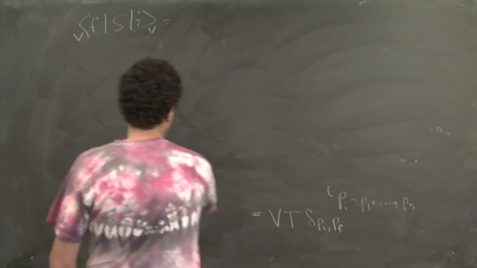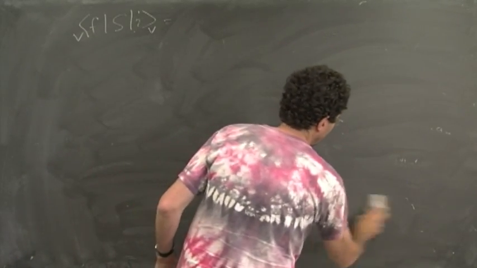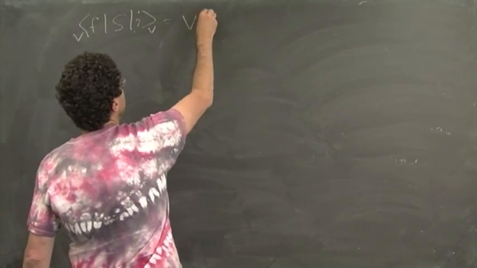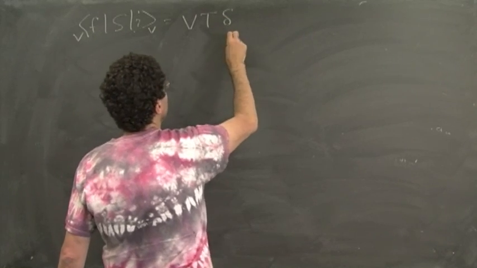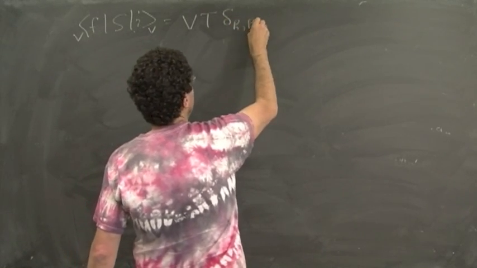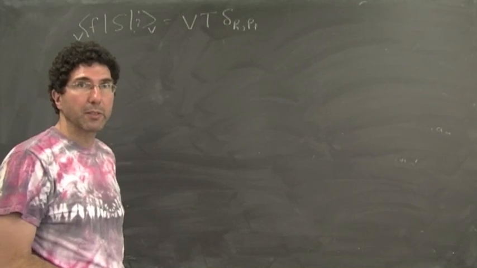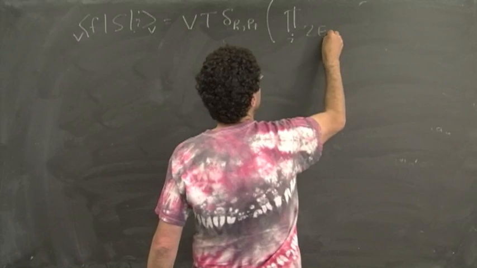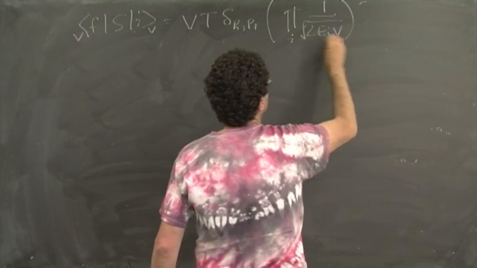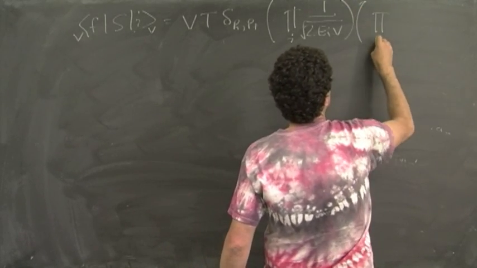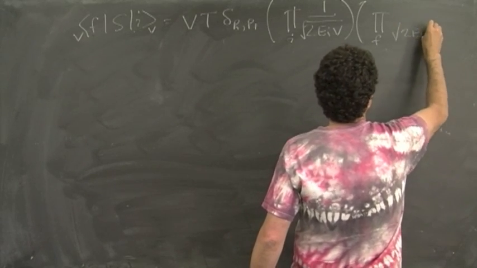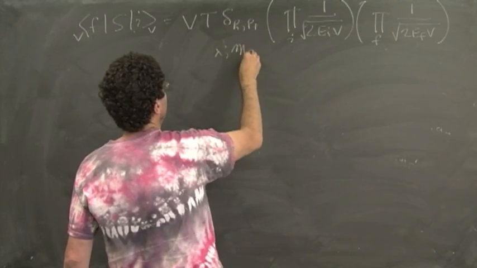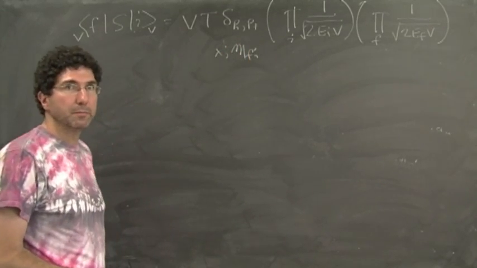We have that our finite volume matrix element is V times T times this Kronecker delta of P_initial and P_final, the total initial and final momenta, and then we have our factors: a square root factor like 2 E V for each initial momentum, a square root factor like this for every final momentum, and then finally we have our Lorentz invariant matrix element, okay?